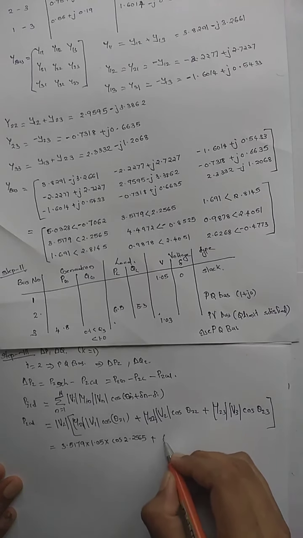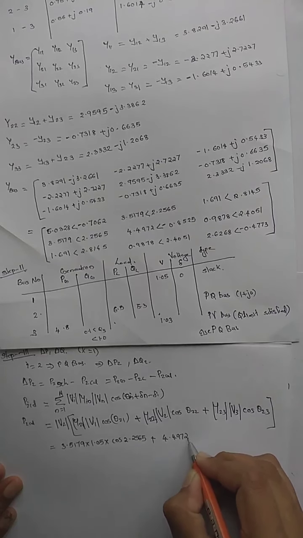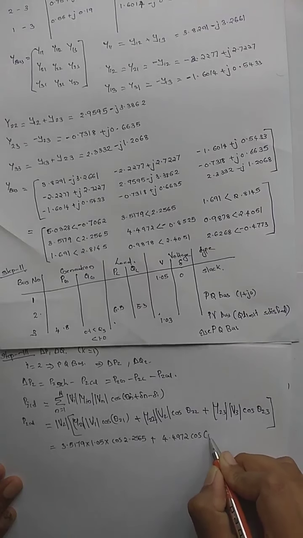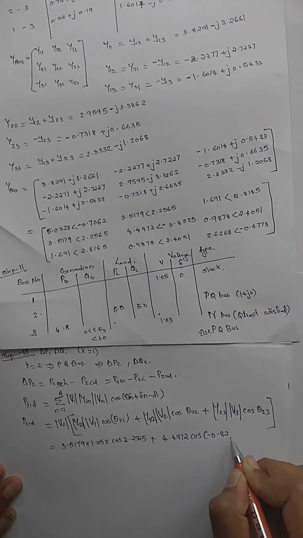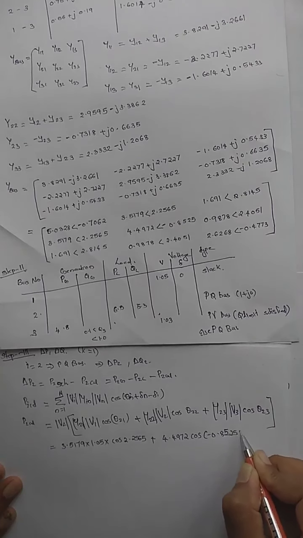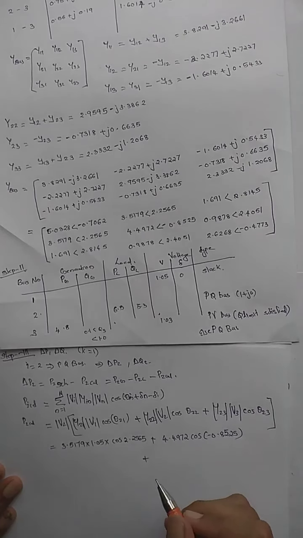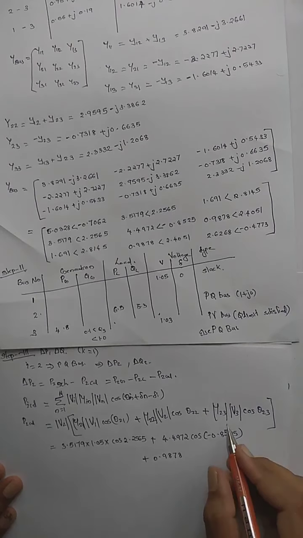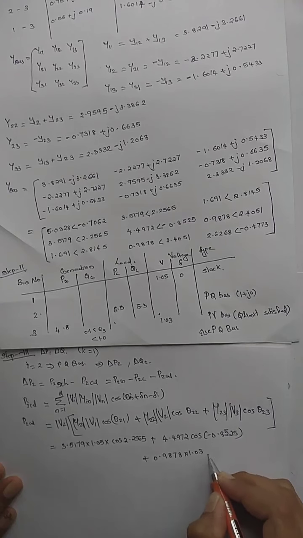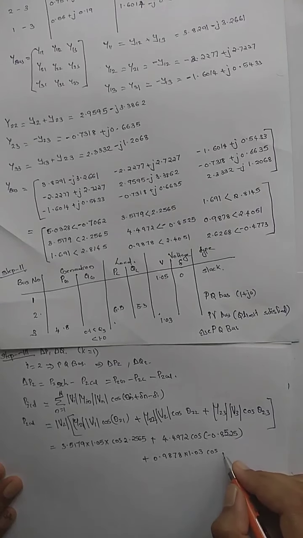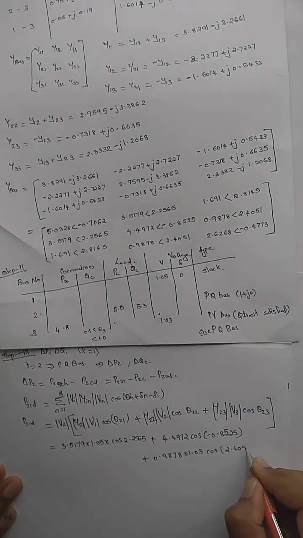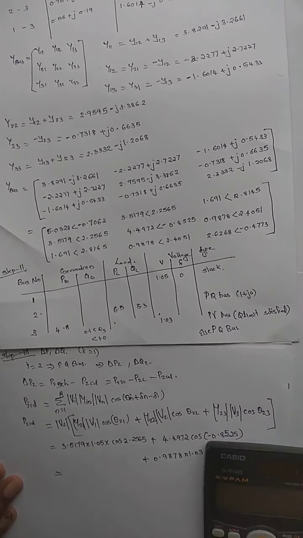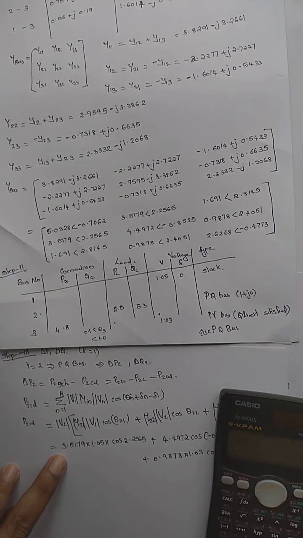Y22 is 4.4972 into V2 value is again 1 into cos theta 22, that is minus 0.8525 plus what is Y23? Y23 is 0.9878. V3 value is 1.03 into cos theta 23 value is 2.4051.